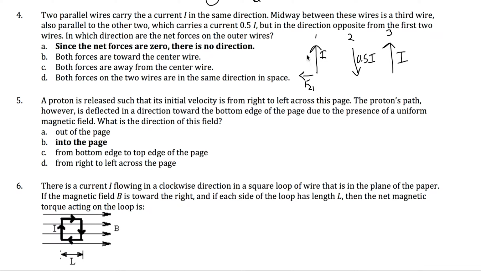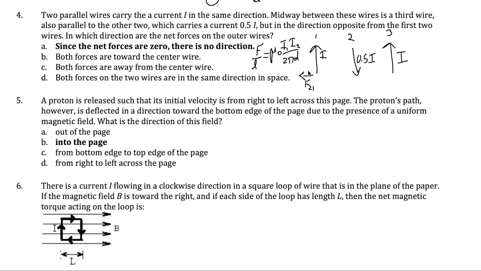And we can find an idea for the magnitude of the force per length. We don't know how long these wires are, but we have an expression for the force on a wire per length of that wire is equal to the permeability of free space times the product of the two currents, so I1 and I2, divided by 2 pi d, where d is the distance between the wires.